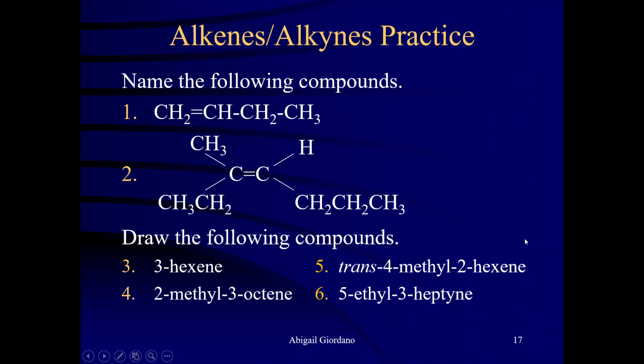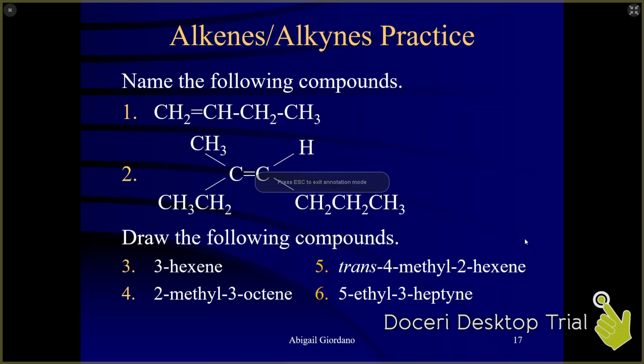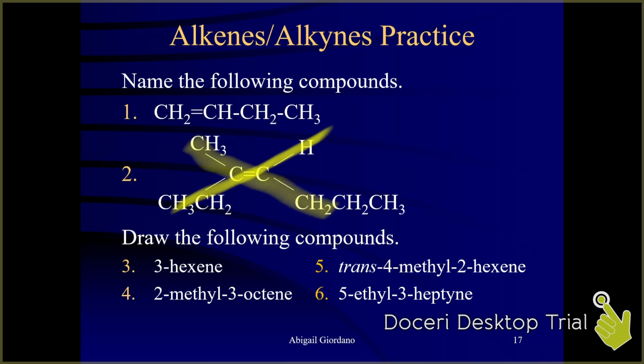Now, do all alkenes have cis and trans in their names? No, they don't. Okay. I want you to look at the image in front of you for question number 2. All right. You have a structural drawing, and I can see that this drawing has this X shape, and that's a clue.